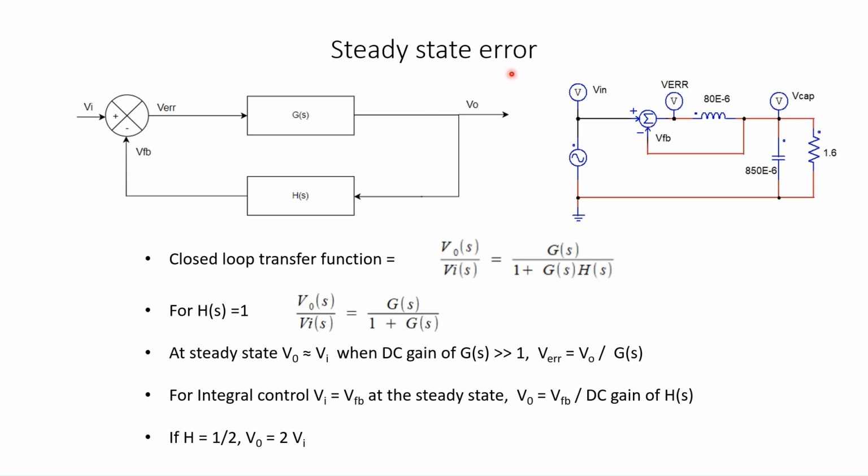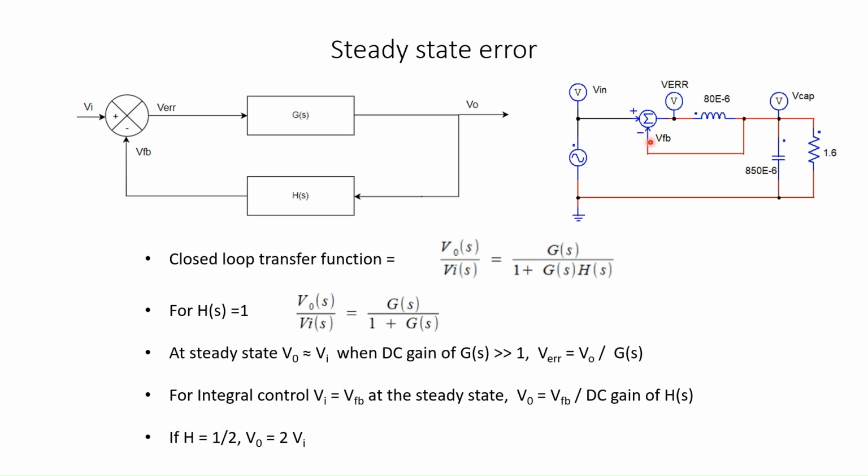Steady state error is another important parameter of control systems. Here a control system circuit has been shown and its block diagram has been shown here. In this circuit, there is a reference voltage and the capacitor voltage is the feedback voltage.